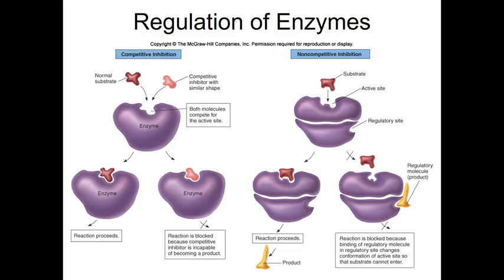So non-competitive inhibition is shutting something down by a different site. If you think of the enzyme like a lock and key, your key has to go in. So the substrate has to go into the active site in order for the enzyme to work. If something else is blocking that active site, the enzyme doesn't work, the lock doesn't work. If you've got someone holding down the back, it doesn't matter that the key is there, the lock doesn't work, okay?